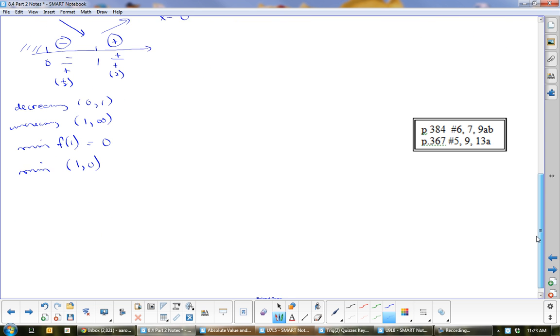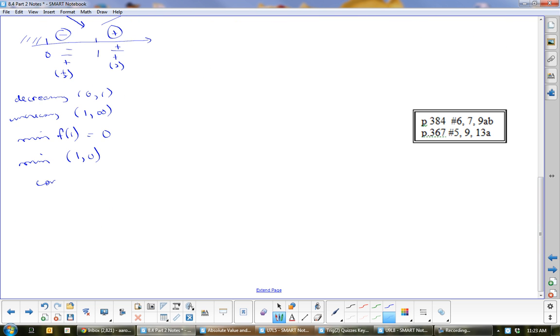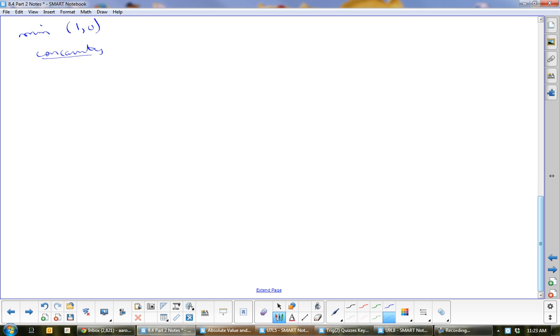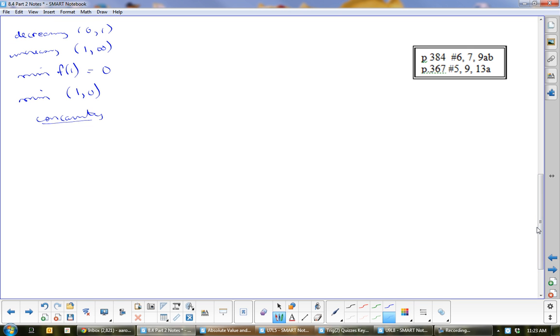Okay, so now we've got to do our concavity. Okay, y prime equals 2 ln x over x. So I'm going to use the quotient law. I know nobody likes it, but it's good to practice it. So low times the derivative of the high, which is 2 times 1 over x.